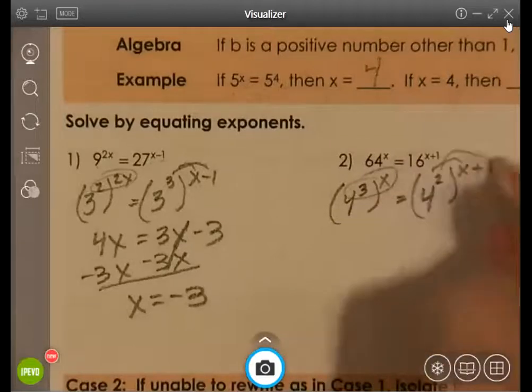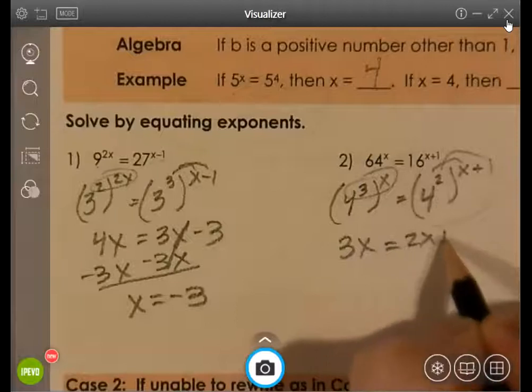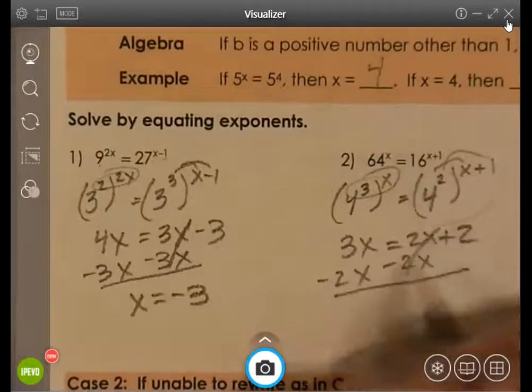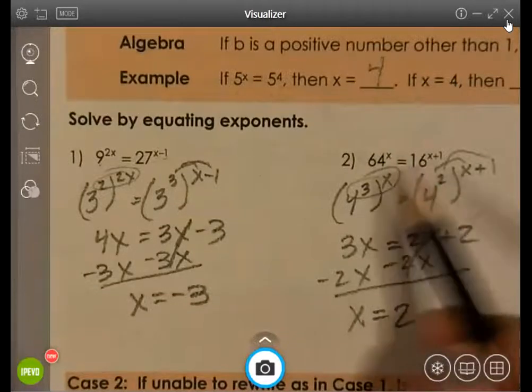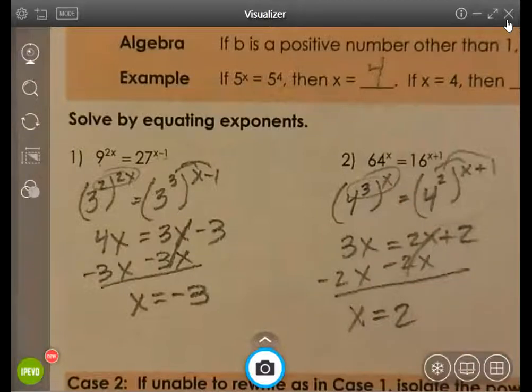So we distribute that through and we get 3x equals 2x plus 2. So your x value would have to be 2 to make this equation work out. You can test it out.